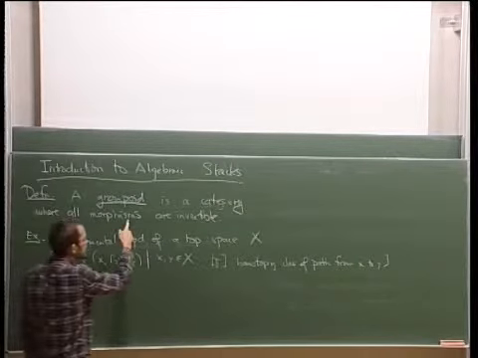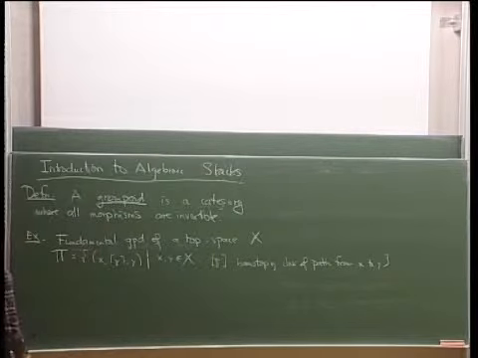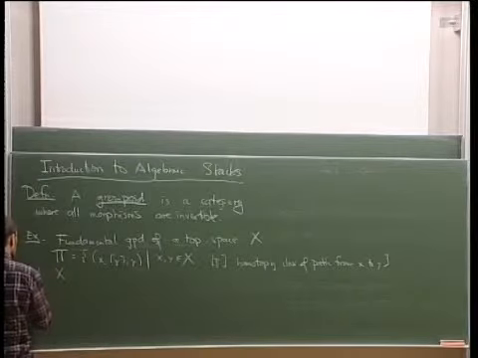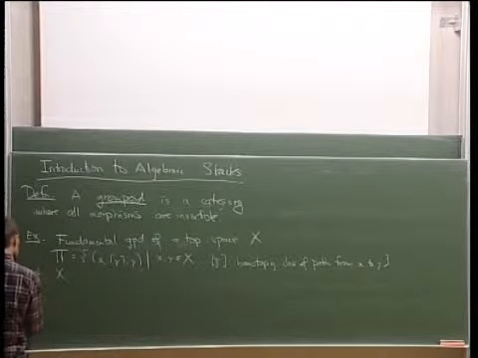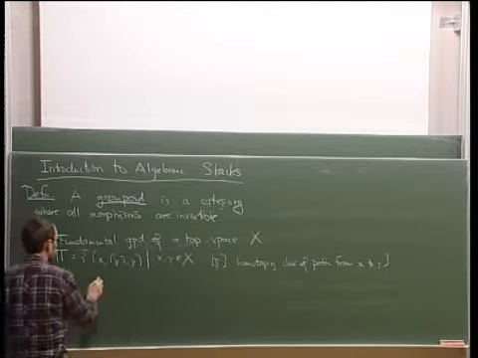So in this case, the objects of the category are the points of X, and all the morphisms of this category are given by Pi.